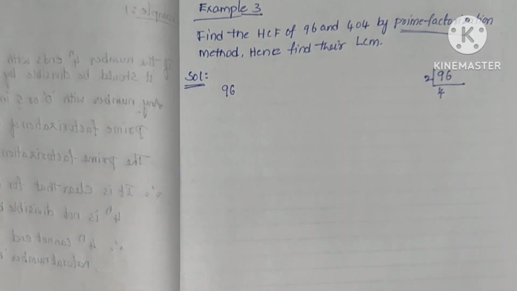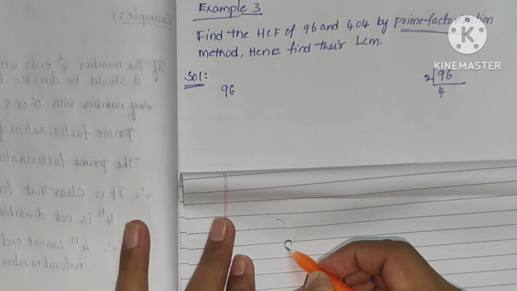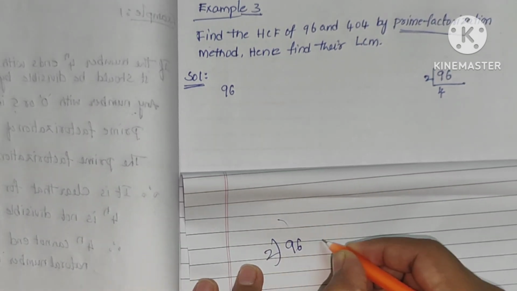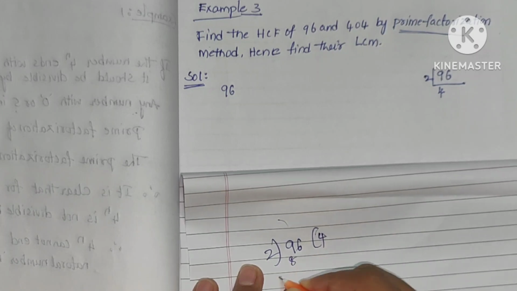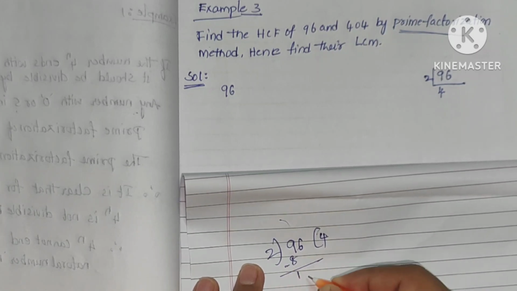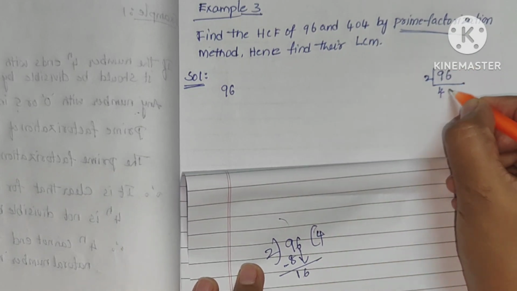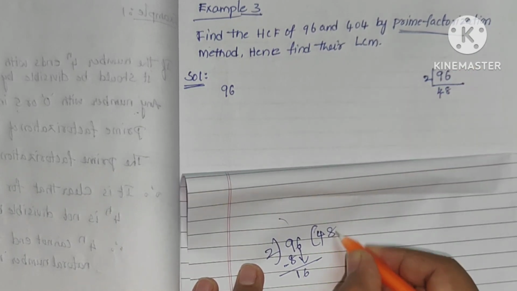So here, 96 common division, 2 4s are 8, and after subtracting 1, this will come down now. In the same way, 2 8s are 16.